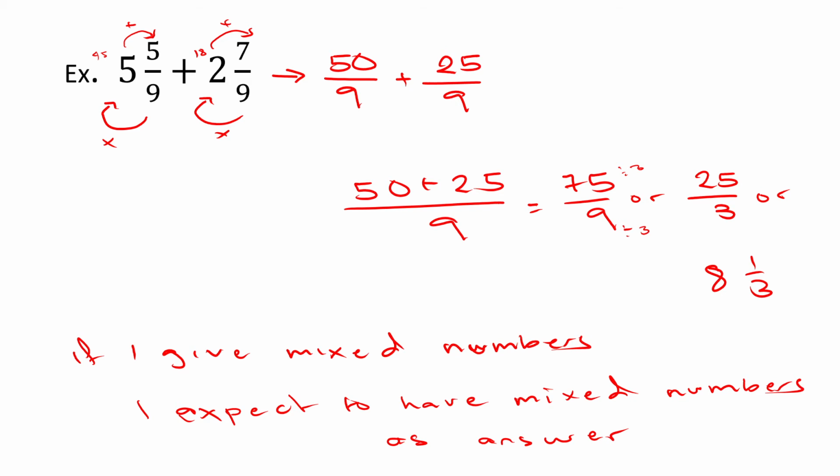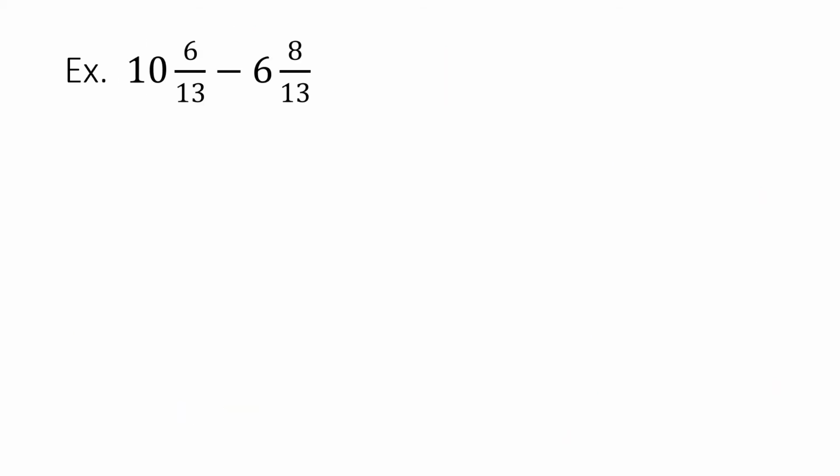So let's try another one. Oh, I did that one. Okay, I'm going to delete that slide later on. Let's have another problem: 10 and 6 over 13 minus 6 and 8 over 13. First things first, what do we do?